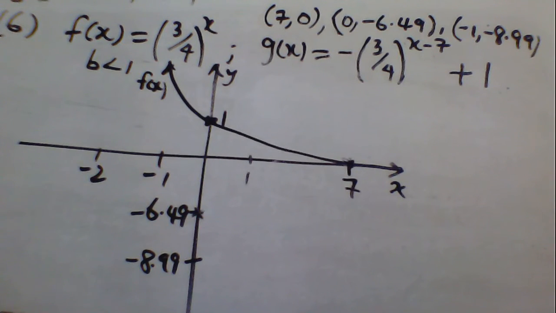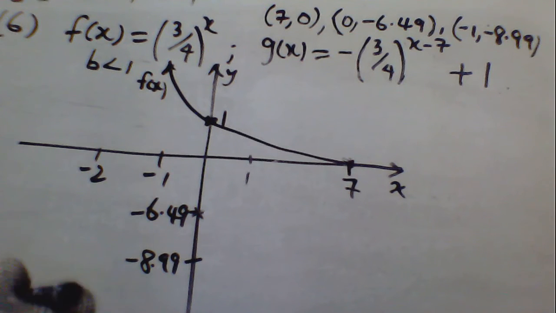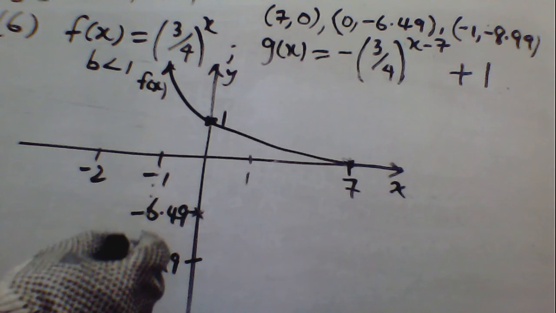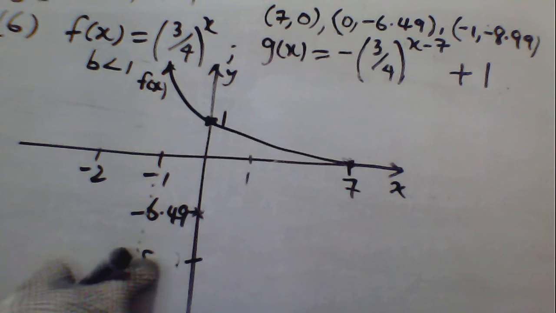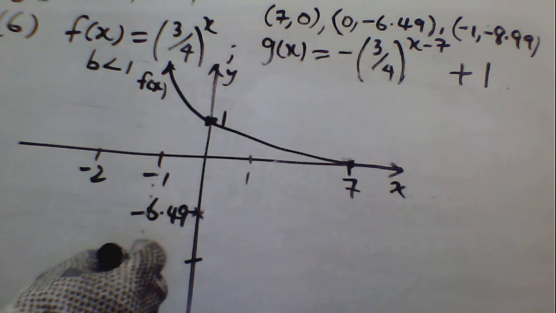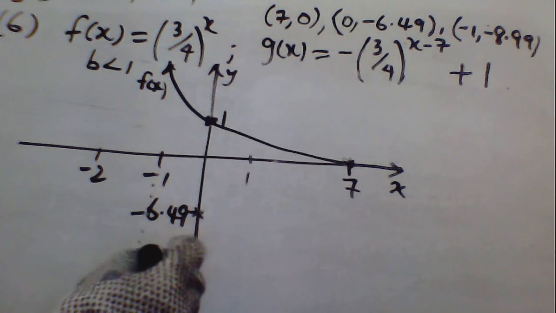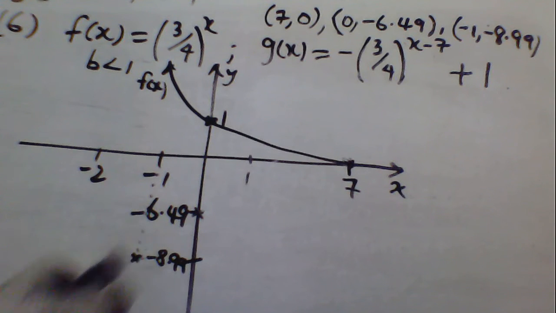And when x is minus 1, y is negative 8 point. So you draw a horizontal line here until you get to negative somewhere here. Get to this point. This is negative 8.99. So this is where they meet.